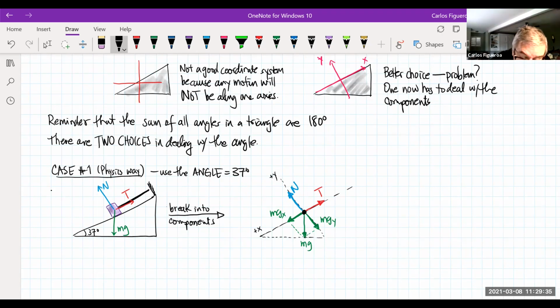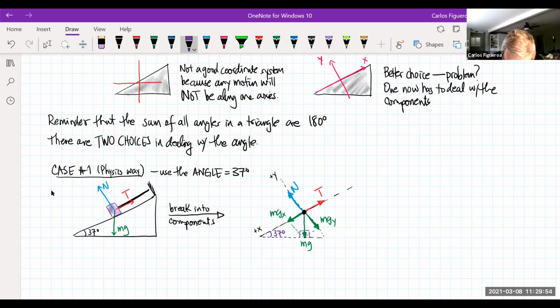Now let's be careful with our angles here, right? Let's look at the angle. This guy here is a right angle. That guy is a right angle. So we know that's 90. And of course, this angle here is 37 degrees.